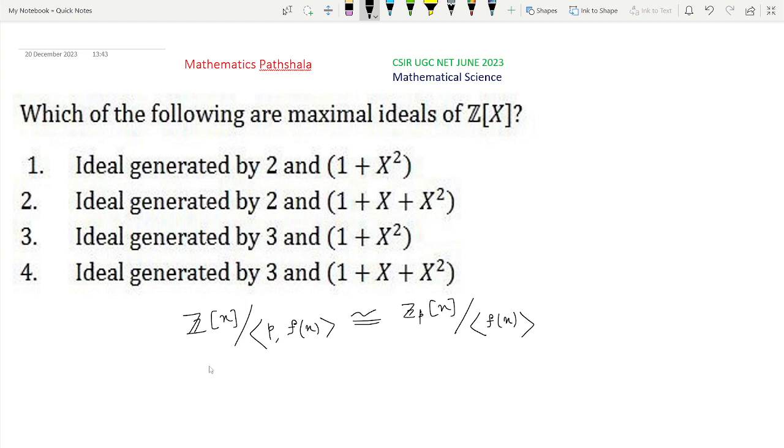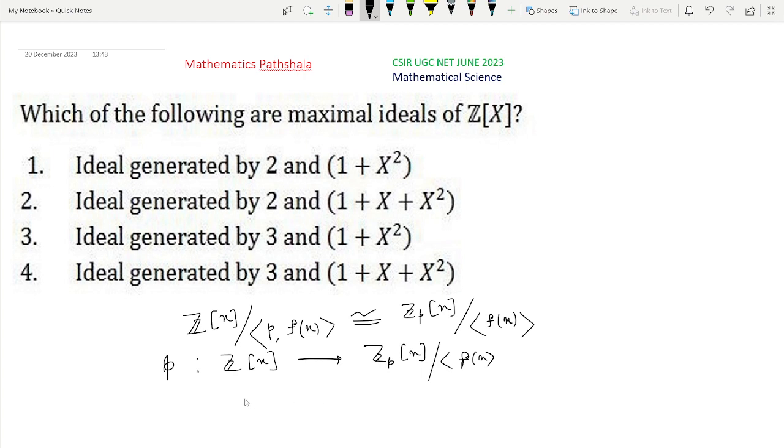So see, first, to prove this theorem, we use a function phi from the ring Z[x] to the ring Z_p[x] by this ideal generated by f(x).